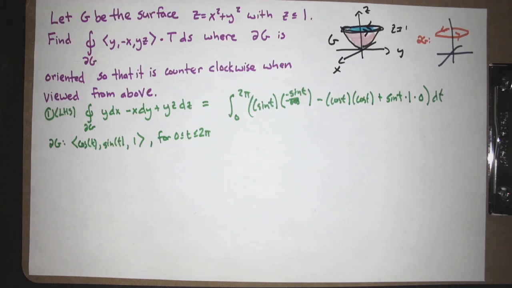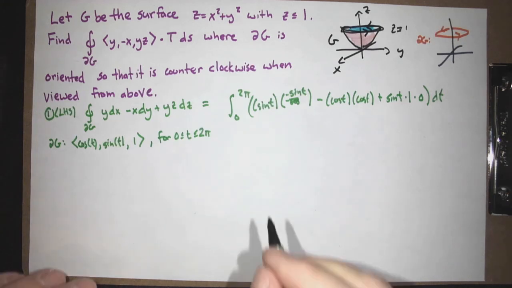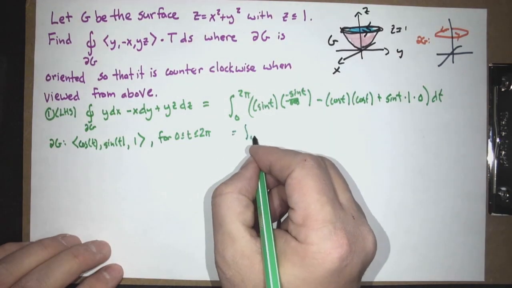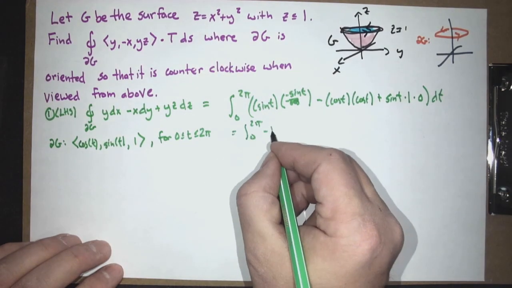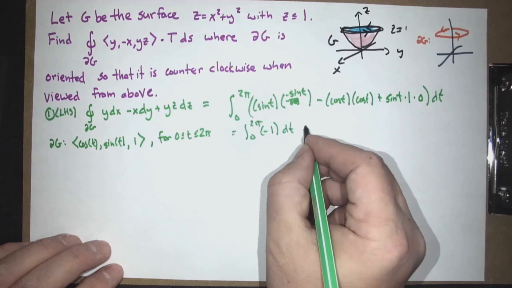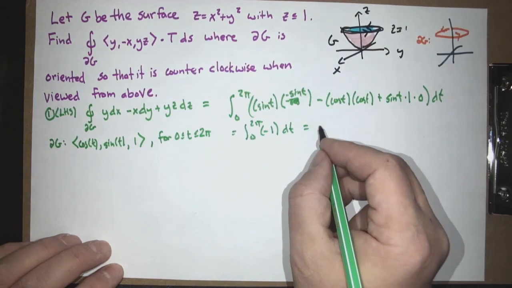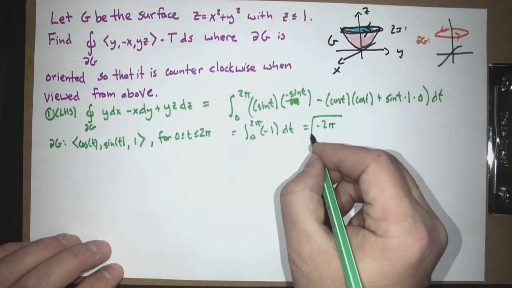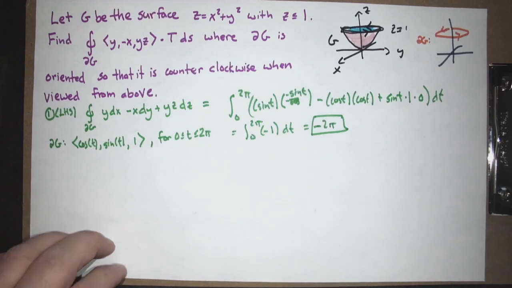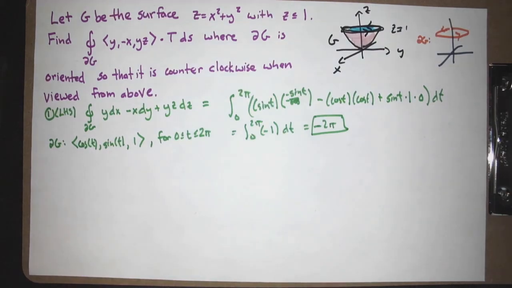Now what? Does anything simplify? It's negative 1. So this becomes the integral from 0 to 2 pi of negative 1, which is negative 2 pi. Okay, so that's doing it as a line integral.